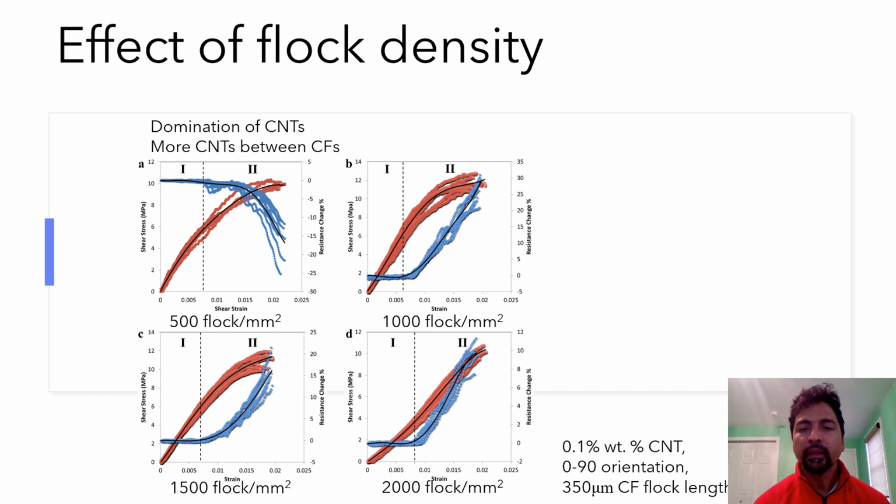The reason is you start with a very low initial resistance for this composite system. As you increase the flock density of carbon fibers, the initial resistance of the composite is very low. Hence, you don't see a bigger change in resistance. Even though you induce damage in the system, the damage is compensated by the many new connections you make with the neighboring carbon fibers.